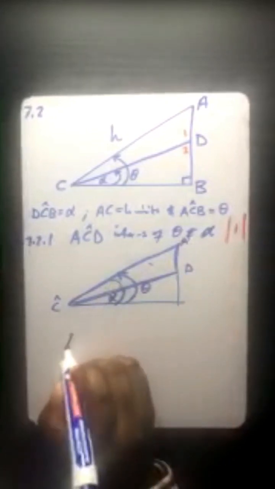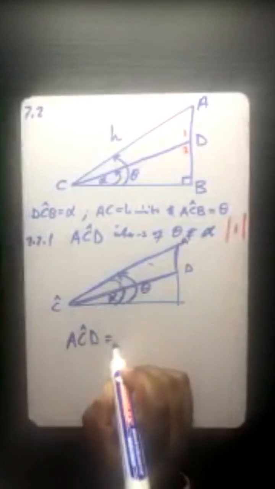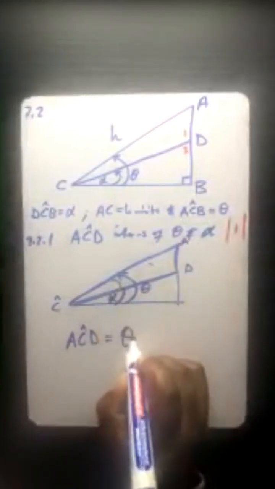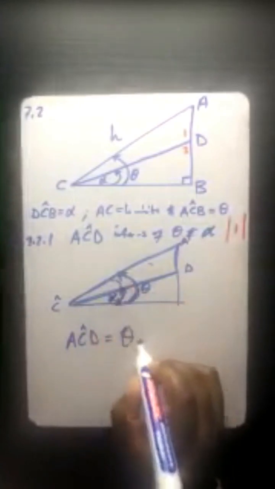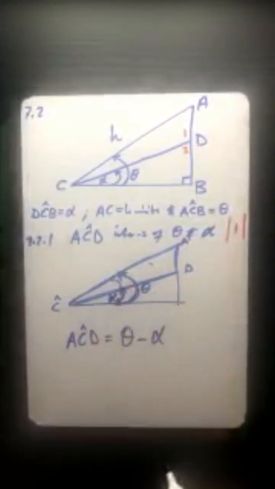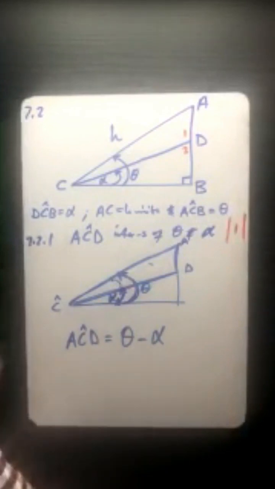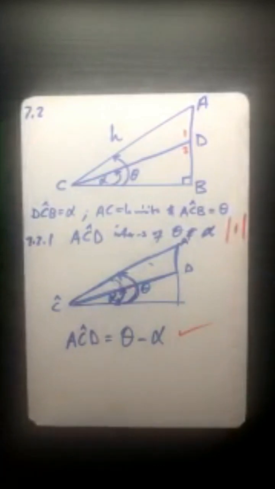So that is why the honorable member is saying in triangle ACD, that angle C is actually the total angle minus that small angle being alpha. And then it ends there. That's how you score yourself 1 mark for that question. Does it make sense to everyone, honorable members?